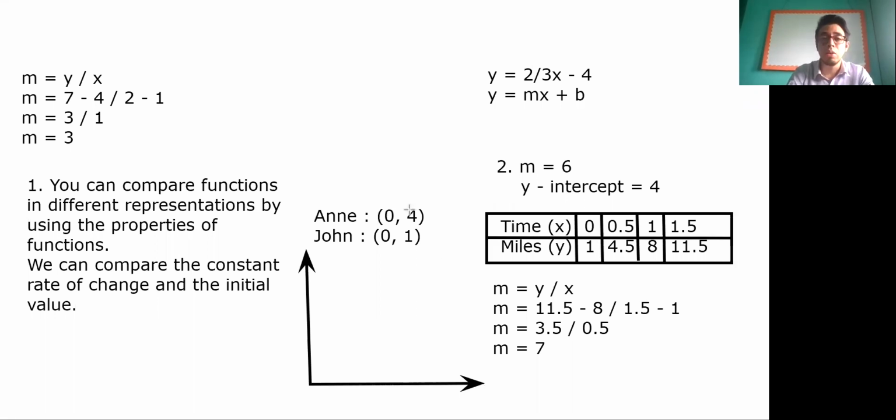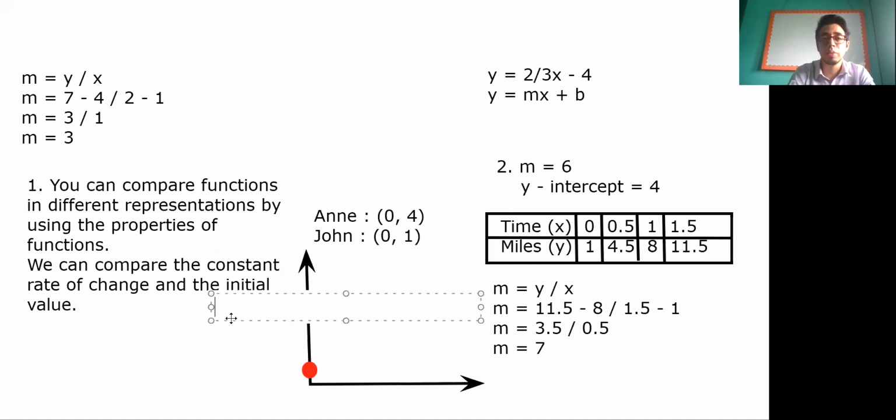Then I'm going to represent this. You have 0 for x and 1 for y. You can see the point in here for John. I'm going to write the name later. And maybe 4 here for Anne. Then I'm going to write the text in here.